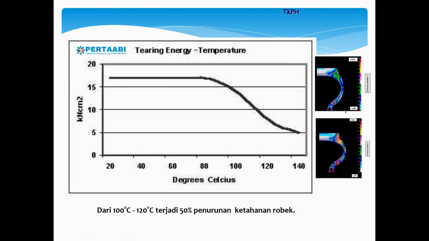With the temperature increase, the tearing energy, meaning the force needed to make the rubber tear, becomes less and less to make the tire fail. So this is also because of the increase in temperature. Okay, next part.